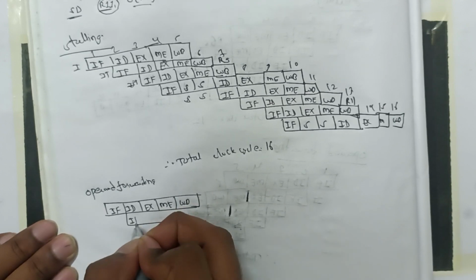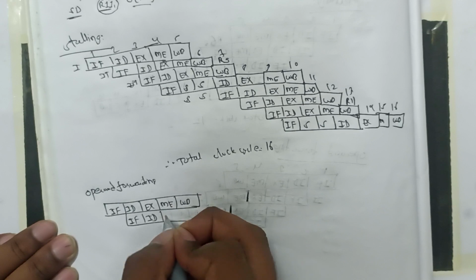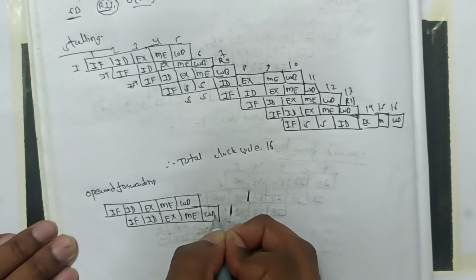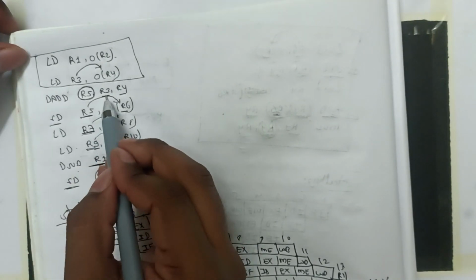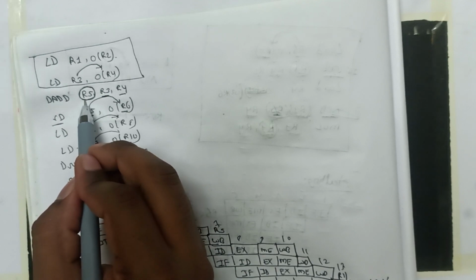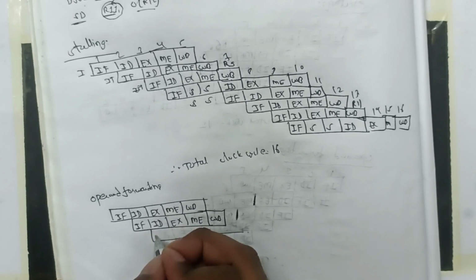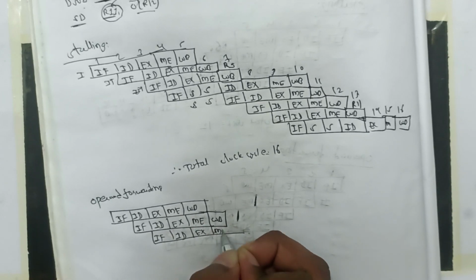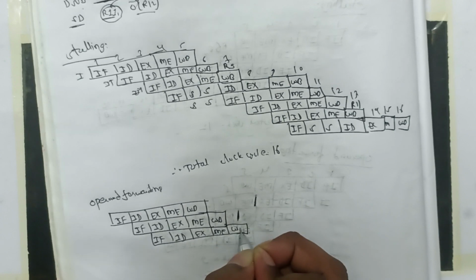For the second, IF ID EX MEM WB. Okay, third, add R3 and R4 stored in R5. Is there any dependency? No, there is no dependency. Simply put IF ID EX MEM WB.